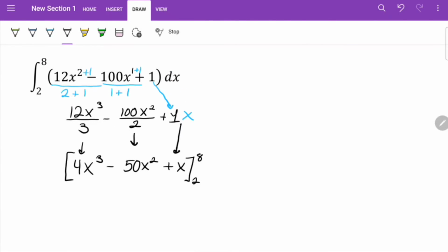Now we're going to do the fundamental theorem of calculus. Plug 8 into the function first. So that's going to be 4 times 8 cubed minus 50 times 8 squared, plus 8.